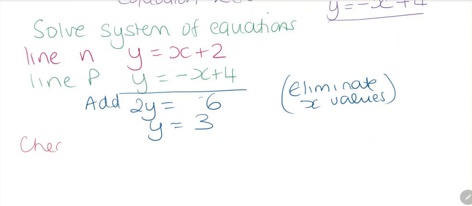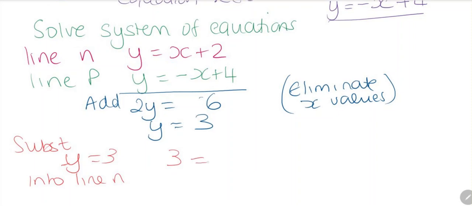So I need to check my value. I'm going to substitute y equals 3 into line N to find x. So we've got y is 3 and x plus 2. So x is equal to 3 minus 2, so x is equal to 1. Now I'm going to check my values.